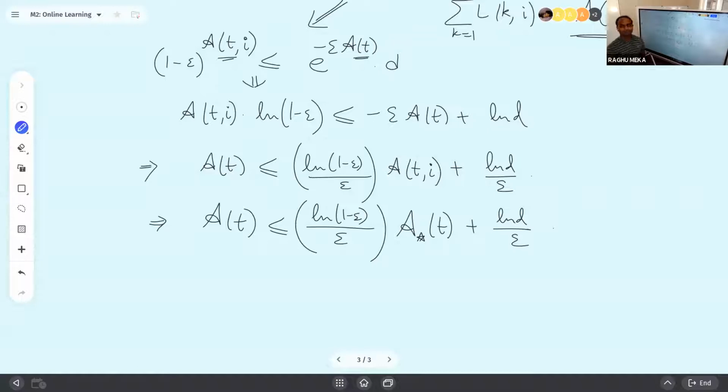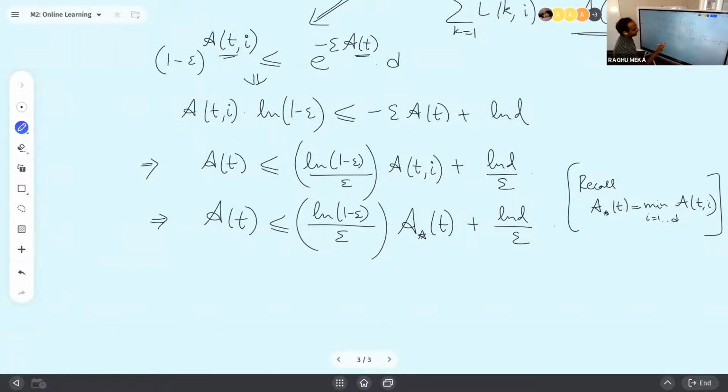Because A star of T is just the loss of the best expert. We have the inequality for every person, so it should also be true for the best expert. Any questions?